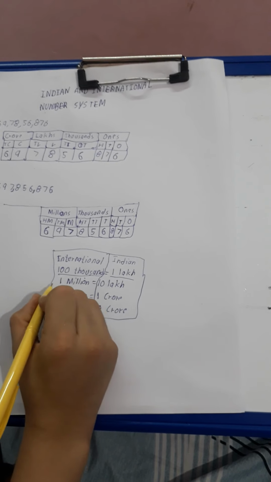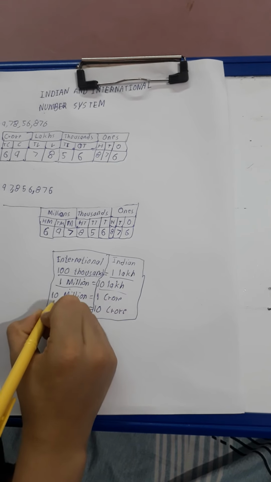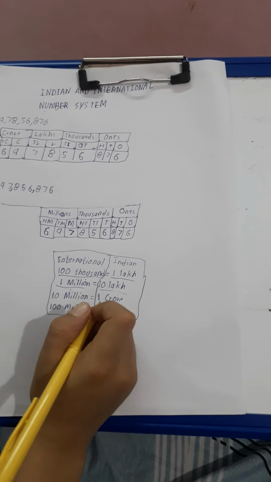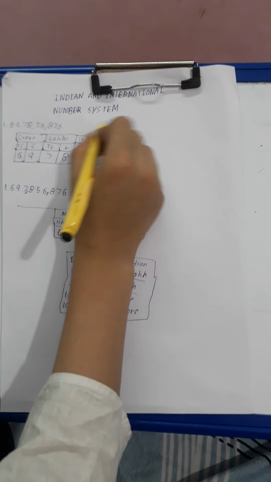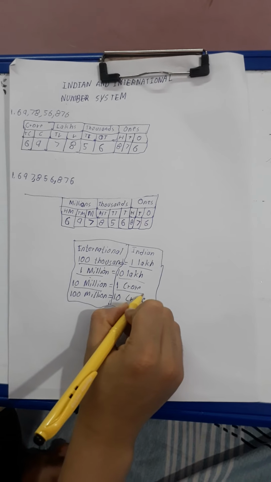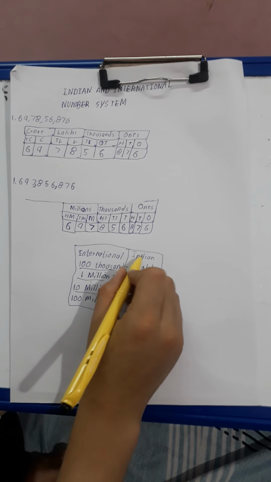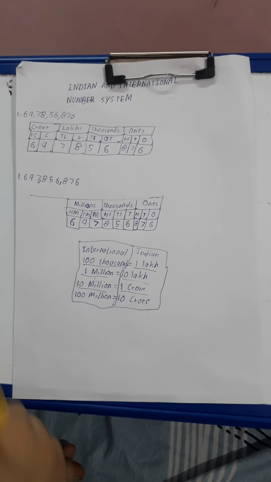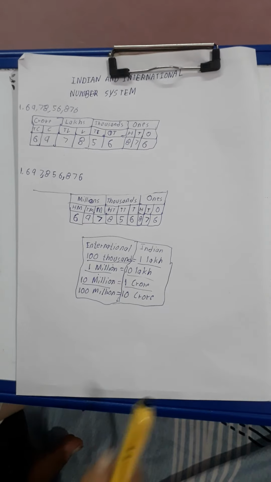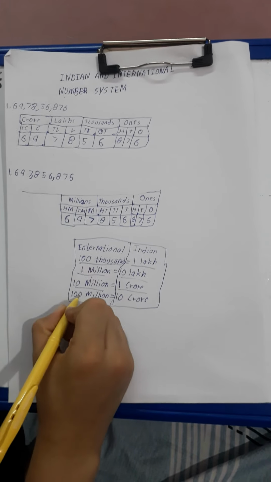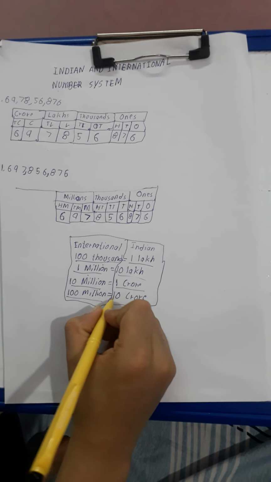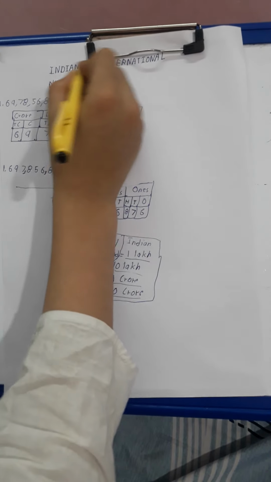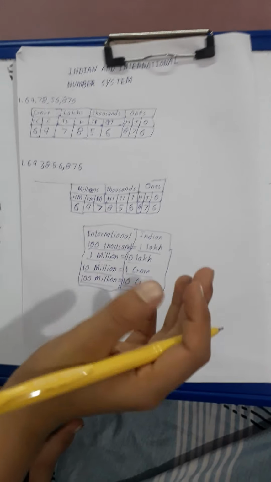Now the next one, which is 10 million of international number system is equals to 1 crore of Indian number system. And then the next one, 100 million of international number system is equals to 10 crore of Indian number system. Repeat after me in your mind.